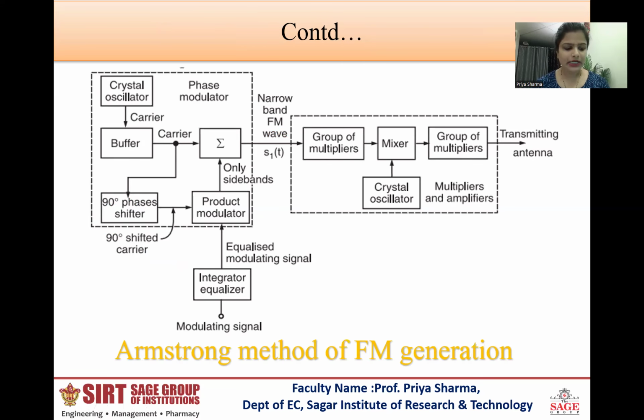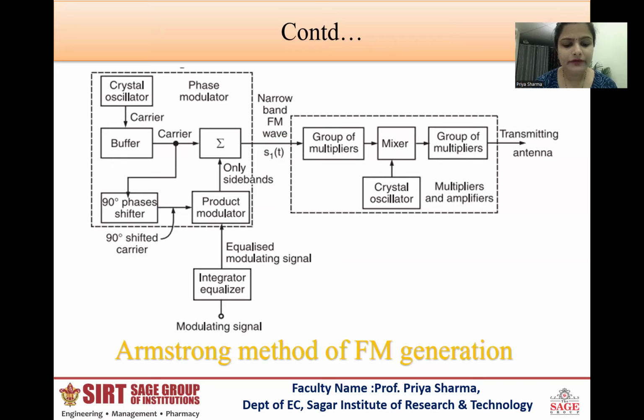So coming to part 1, that is generation of FM from PM. Okay, students. In PM, along with the phase variation, some frequency variation also takes place, as we have read in the comparison between FM and PM. Higher modulating voltages produce greater phase shift, which in turn produces greater frequency deviation.